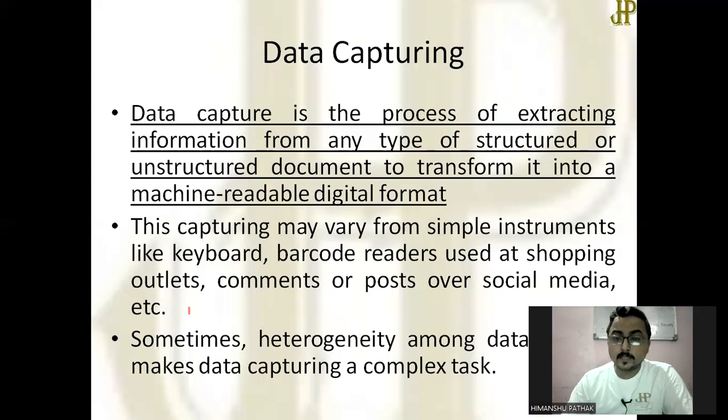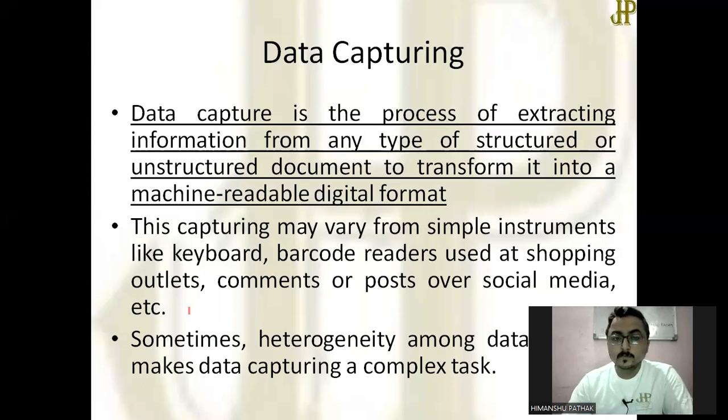And that capturing can be done with simple instruments like keyboards, barcode readers that you usually see in various shopping malls, or comments and likes over social media platforms, etc. Sometimes you have to capture heterogeneous data, means different formats of data, and that creates a greater complexity to capture that data.